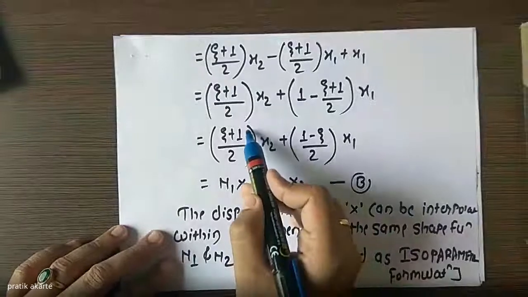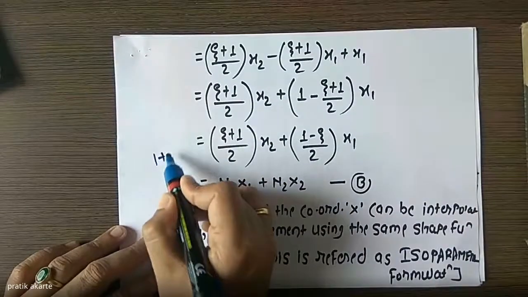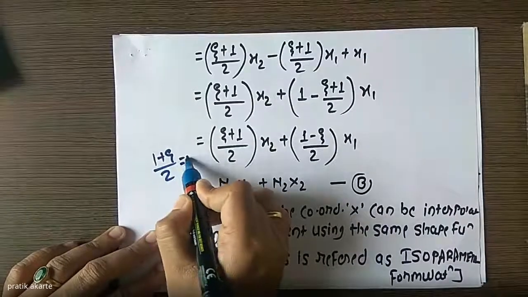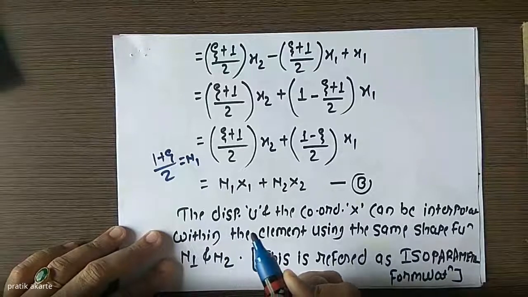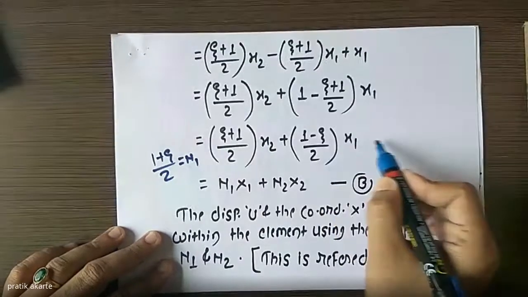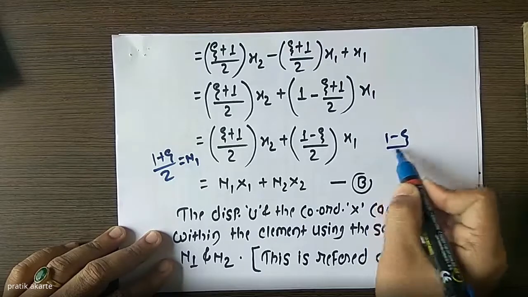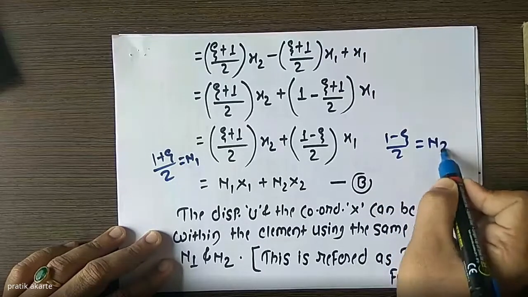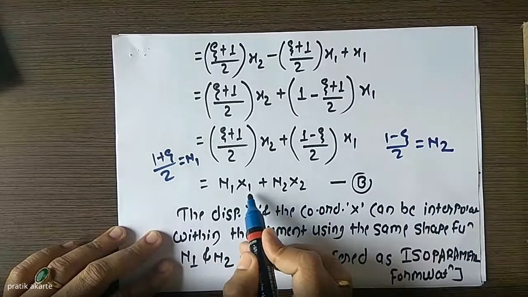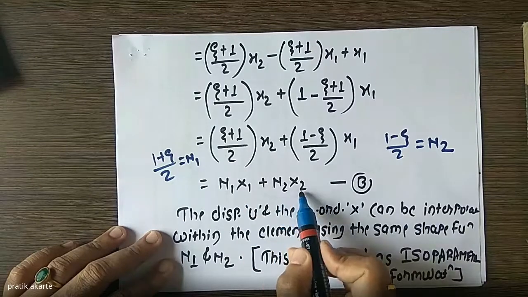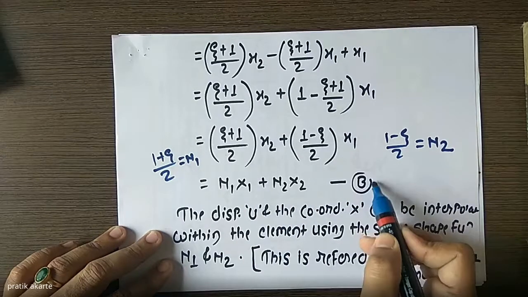Now what is this (1 plus zeta)/2? It is our N1 which we have formulated, and (1 minus zeta)/2 is our N2. So x equals N1 into x1 plus N2 into x2, which is equation number B.